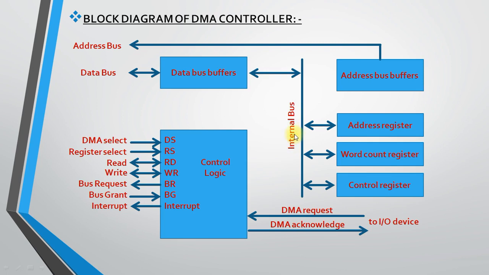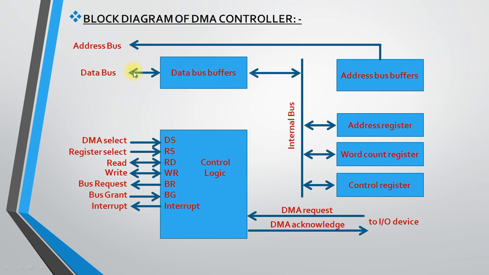Now what is bus? Using bus you are able to communicate with the different parts of computer, right? So it is very easy, don't get confused. What you need to do, you need to connect data bus with data bus buffer, address bus with address bus buffer.